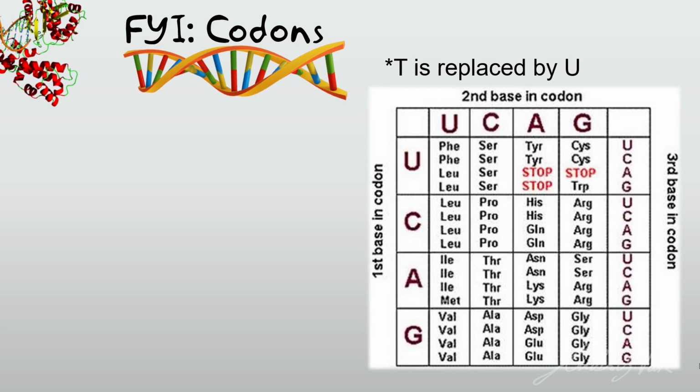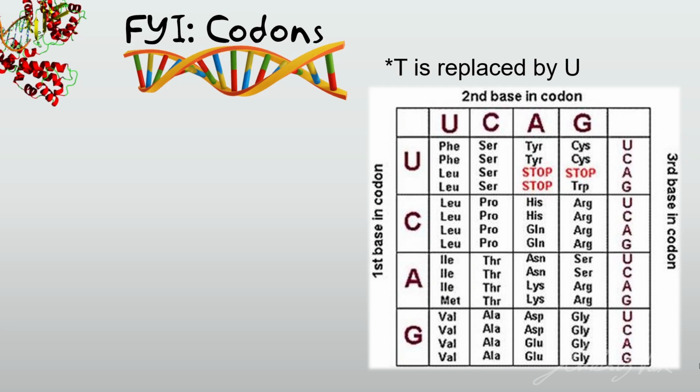So if you are curious about how this codon works, I actually have this diagram down here. Just take note, your thymine is replaced by U, T is replaced by U. If you are curious to find out why, you can read up more by yourself. But how your DNA codes for amino acid is in this way. For example, if the first letter in the codon is A, second is U, and last letter is G, it will code for the amino acid methionine.